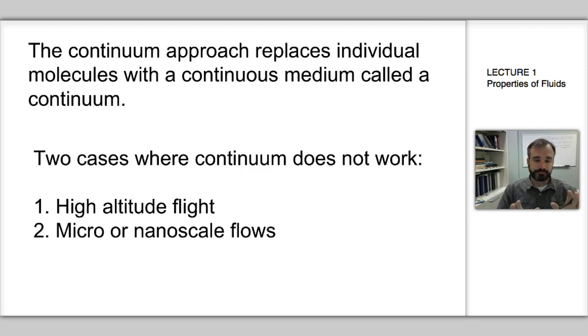The second situation is in very small microscale or nanoscale flows, where the size of the molecule might be the same size as the vessel it's flowing through, and so we only have one molecule passing at a time, and so we can just describe individual molecules. And so then the continuum approach again doesn't really work very well. Might as well just describe the individual molecules as they pass our field of view or what we're interested in. But again, for most applications, and in all of the ones in this class, the continuum approach is a very practical and useful way to describe the fluid properties.